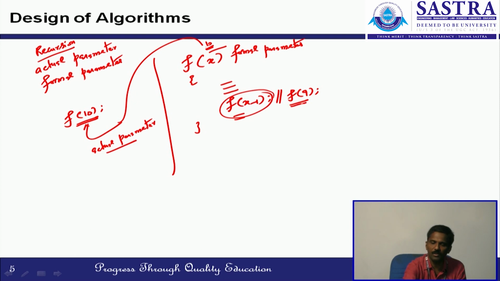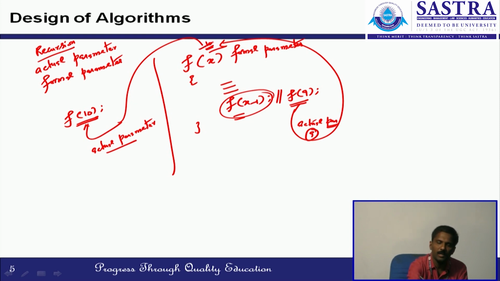Now what happens? F of 9 further invokes the same function f. So this f of 9 is a calling statement, in which 9 is the actual parameter. Now the updated value of the actual parameter is 9. This 9 is passed to the formal parameter x.